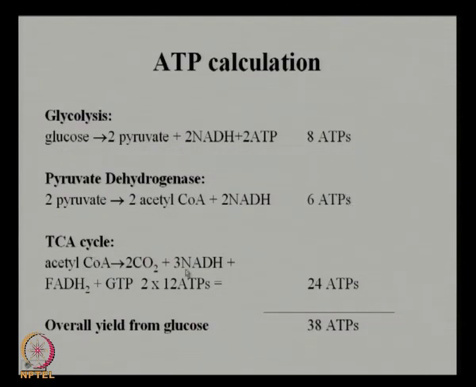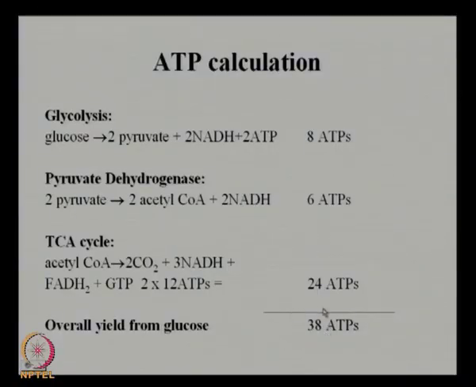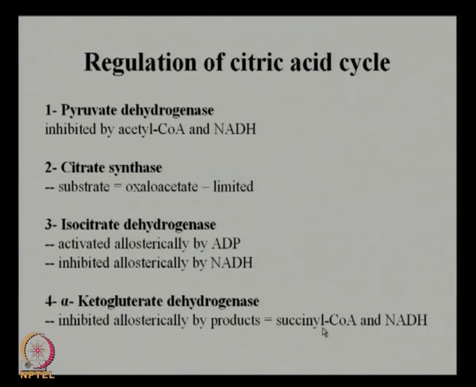In the TCA cycle we have already seen that 24 ATP molecules are formed. So, if we sum up from glucose to the completion of the TCA cycle, we find that 38 ATP molecules are formed.